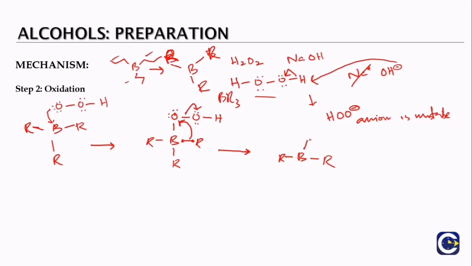This R group that was present at this position has now been shifted to this oxygen. So we have this O-C bond formation, and we also get hydroxyl ions in this step.